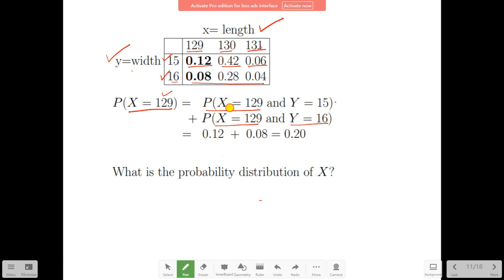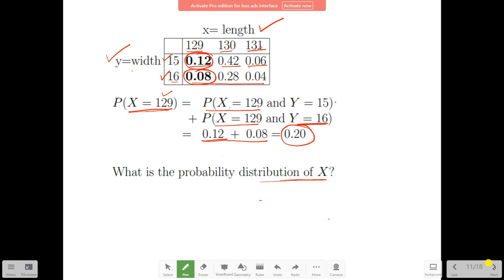The probability of X equal to 129 and Y equal to 15 means this one, this is 0.12, and the probability of X equal to 129 and Y equal to 16 means this one, this is 0.08. When we add both, we obtain 0.20. So this is the probability when the random variable X is equal to 129. So the question is, what is the probability distribution for the random variable X?